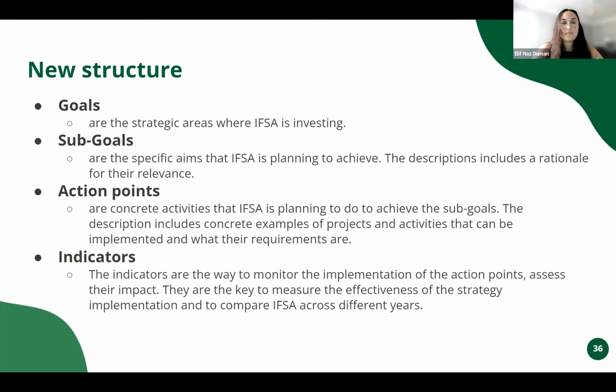Every sub-goal has action points, which are concrete activities that IFSA could plan in a year or achieve. And indicators follow these action points and collect data in the end for measuring the impact or how successful the goal was.